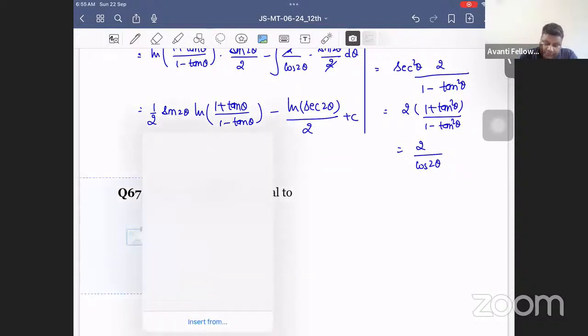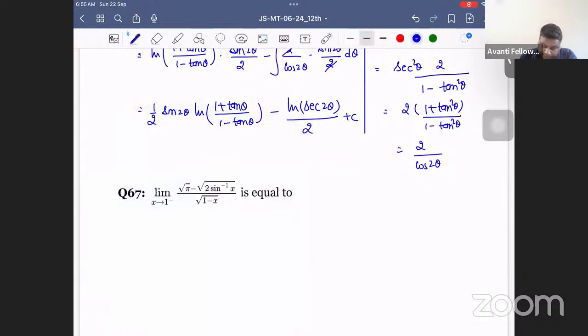So first of all, limit x approaches 1 minus. Let us rationalize it. So it goes pi minus 2 sine inverse x upon under root of 1 minus x, and here it will become root pi plus under root of 2 sine inverse x.